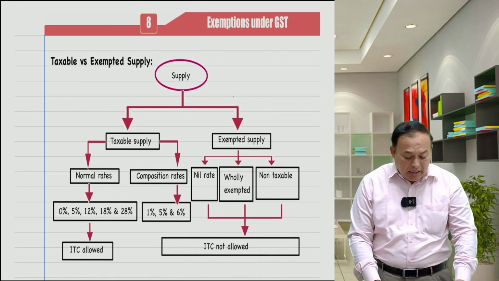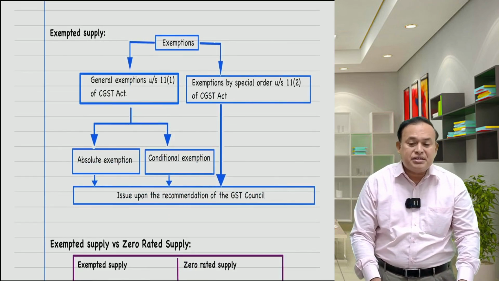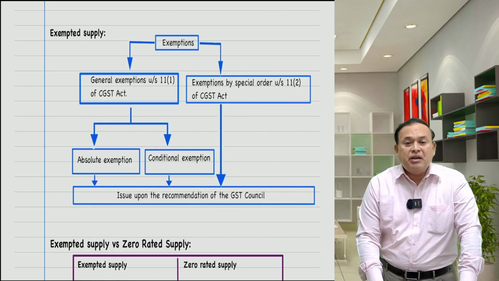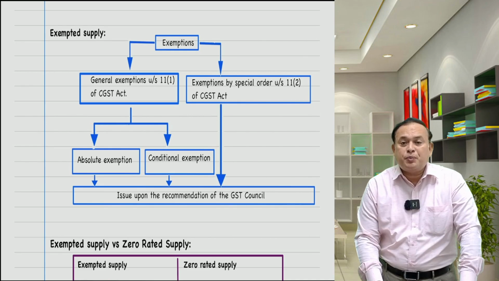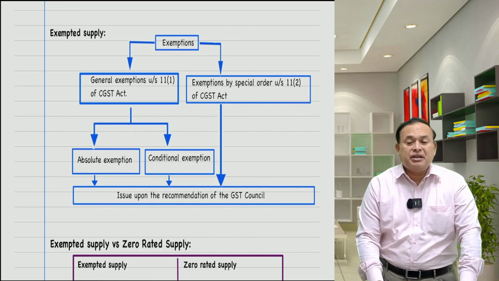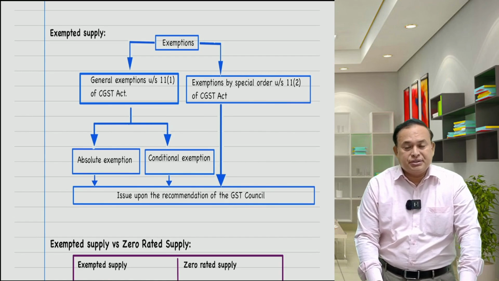Now, at the same time, bringing to notice, my dear friends, we have section 11 of CGST, 11 subsection 1, 11 subsection 2, 11 subsection 3 of the CGST. Section 11 talks about exemption, supported by notifications, with detailed explanations.